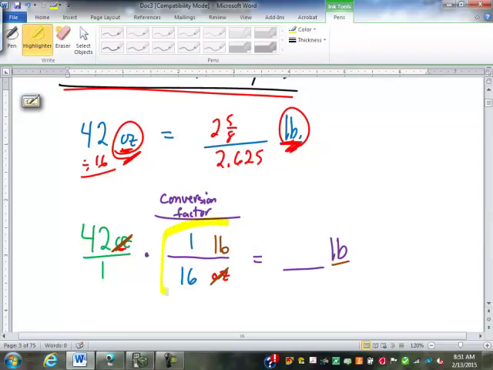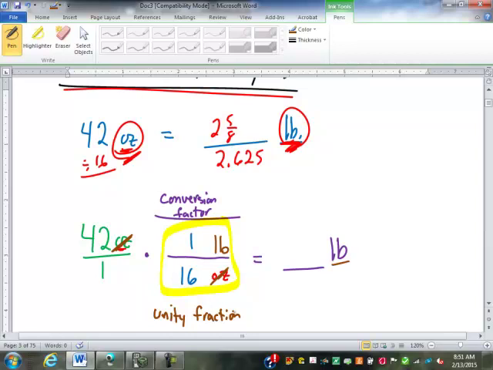Let's take a look at this fraction right here, this conversion factor. It has a formal name called a unity fraction. A lot of people look at the word unity and they think it means together or combined. Unity actually means 1. This fraction right here, 1 pound over 16 ounces, is really the number 1. It has a value of 1. It doesn't look like it because it's 1 over 16, but 1 pound and 16 ounces are the same thing.